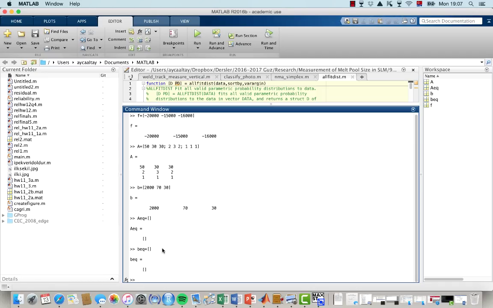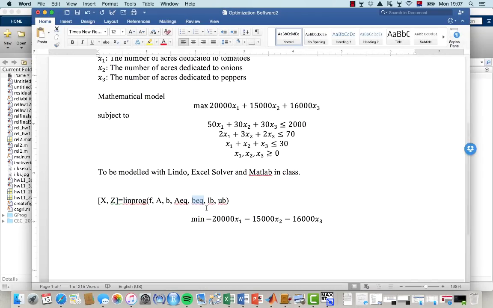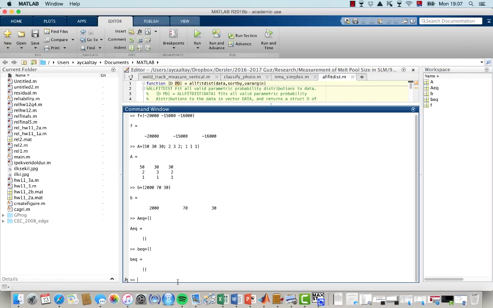Now, Lindo by default assumed that all variables were non-negative, but Matlab doesn't do that. For Matlab, the default bounds are infinite, so all variables go from minus infinity to plus infinity. So the next thing we have is the lower bounds. LB is the lower bounds for variables.